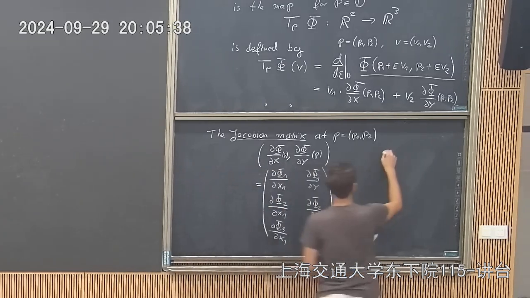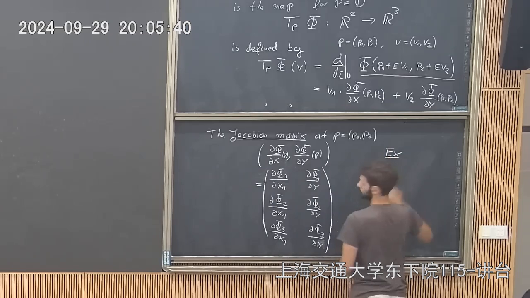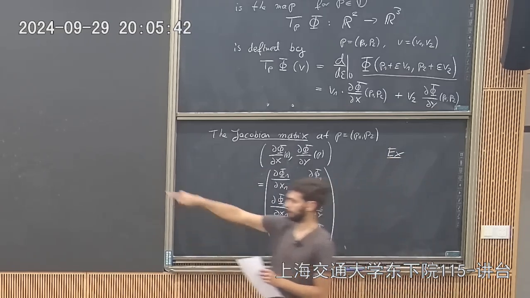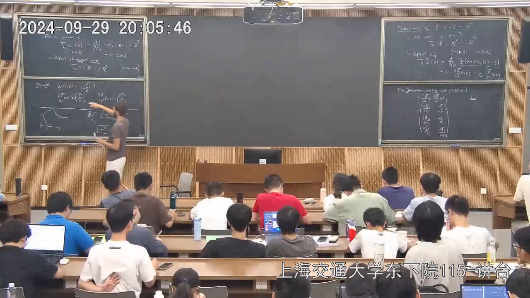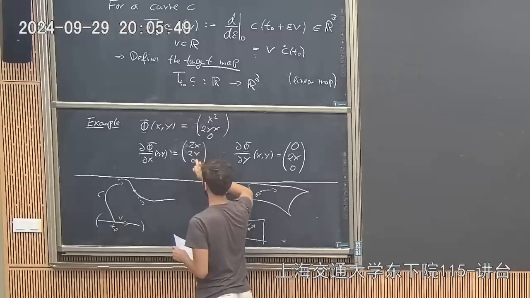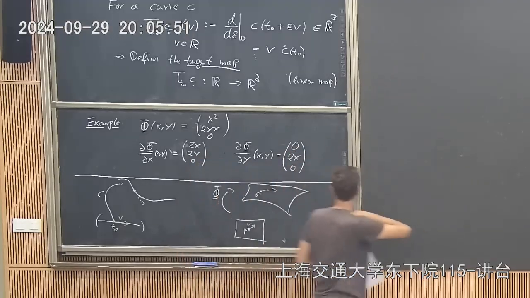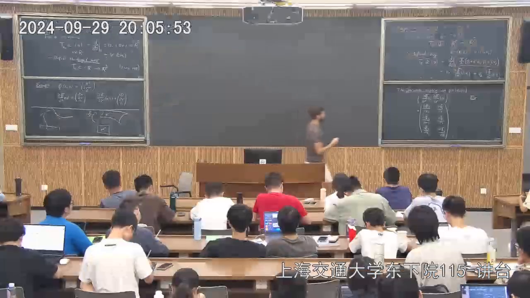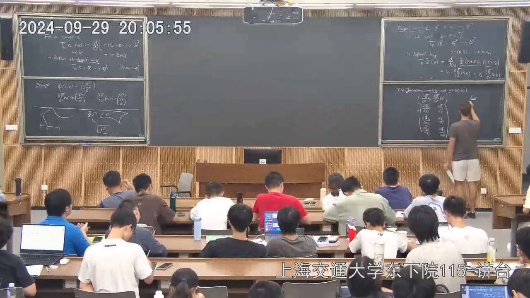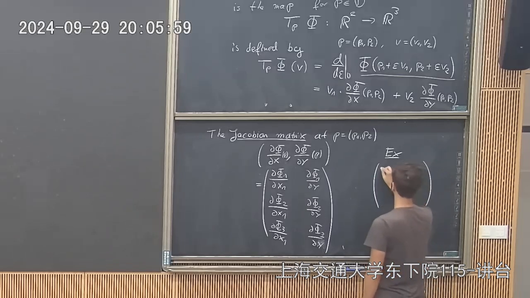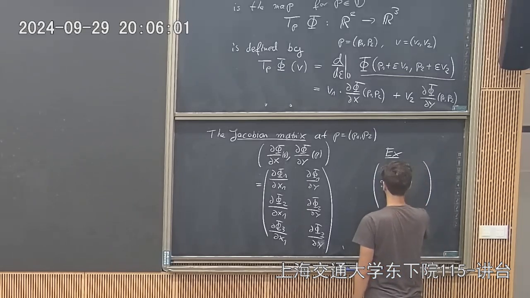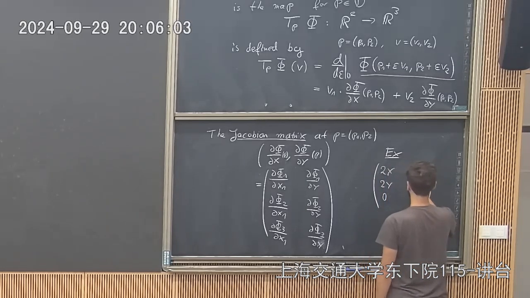In this example that we had before, yes, in this example over here, we already calculated these vectors. One of them was 2x, 2y, and the other one was just having the x there. So in this case, this matrix would be 2x, 2y, 0, 0, 2x, 0.